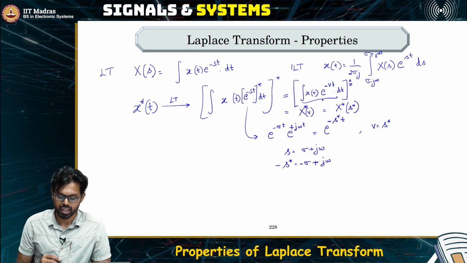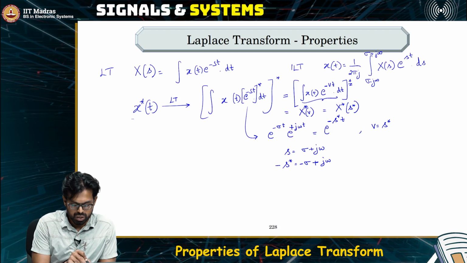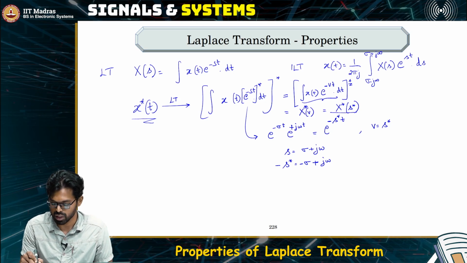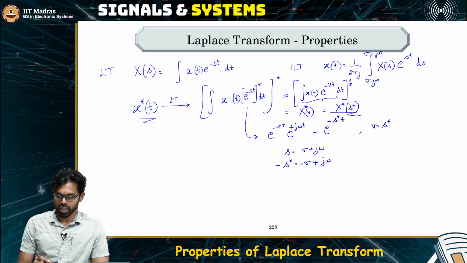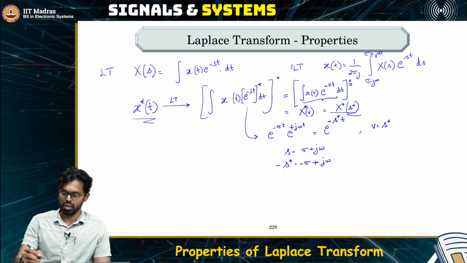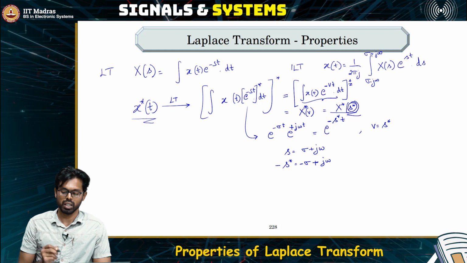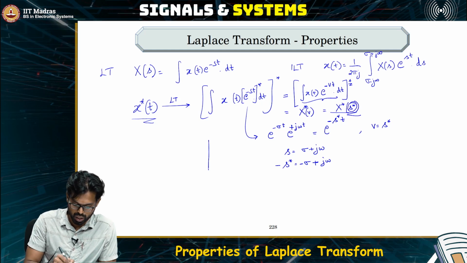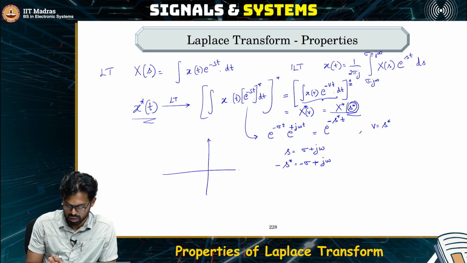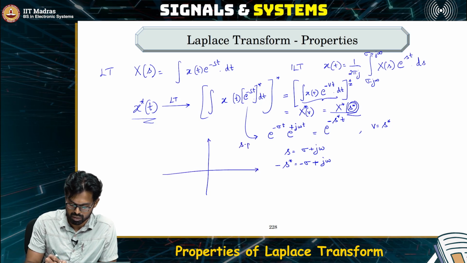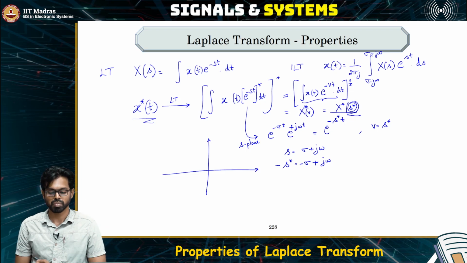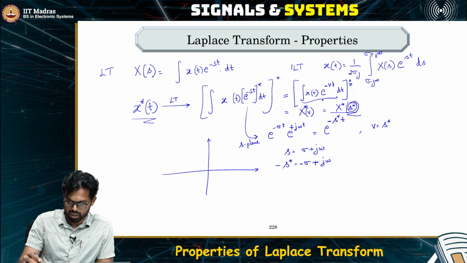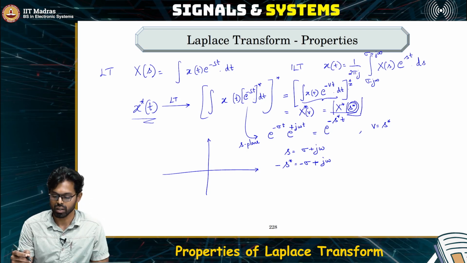So what this tells us is, if you take the conjugation of the signal in the time domain, then in the Laplace domain, not only does the Laplace transform get conjugated, but the s value also gets conjugated. In other words, if you have the s plane, then the magnitude here... why does the magnitude not change?